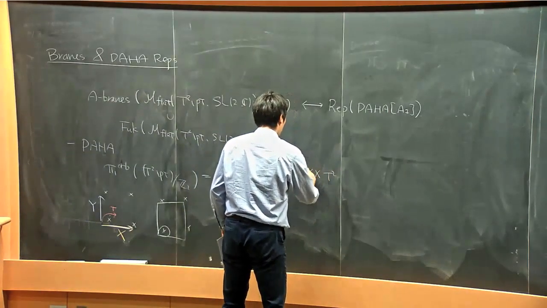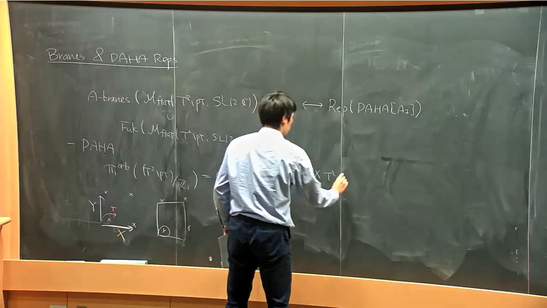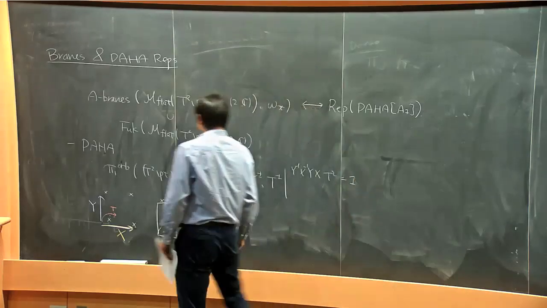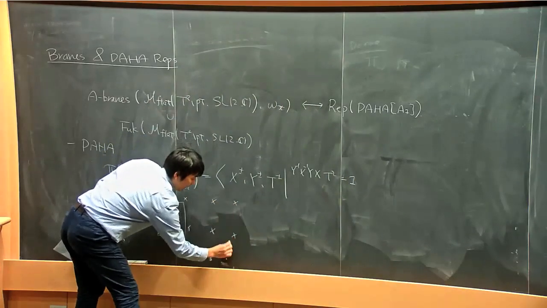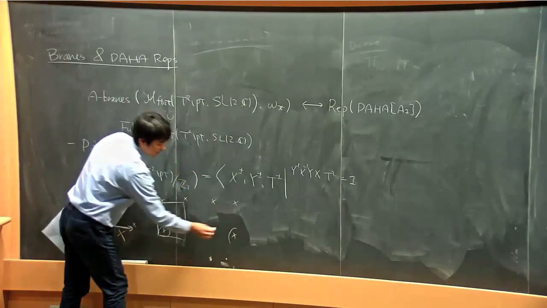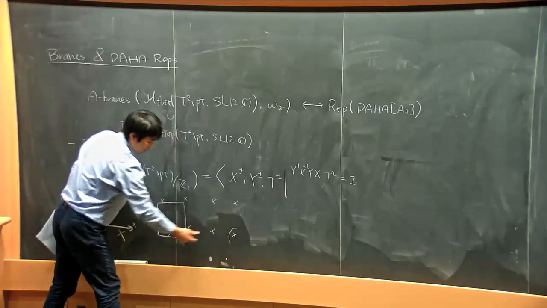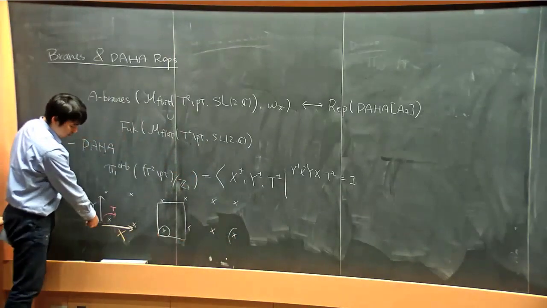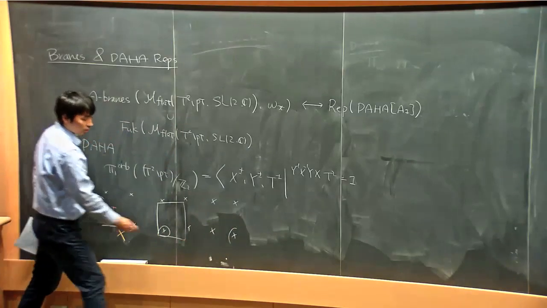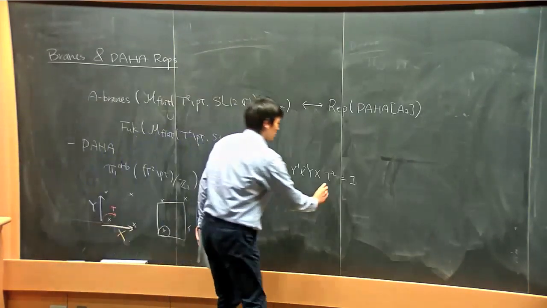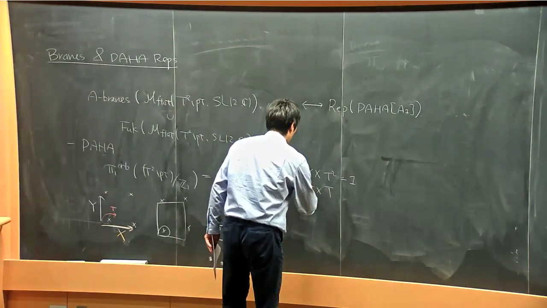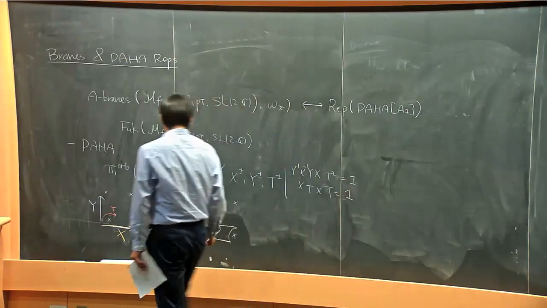And also you can consider the following generator: once you take T, the directional arrow is inverted. So T, X is trivial.